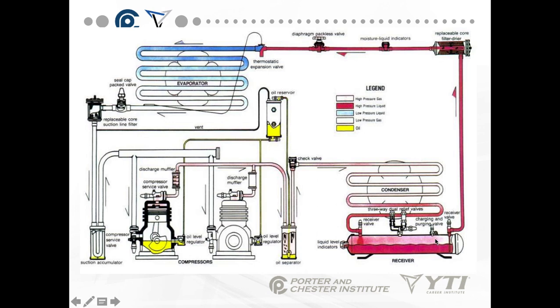Okay, we have a condenser, which is a permanent part, we have a receiver, we have suction line filter dryers, we have moisture indicators, we have different things that might show up in different systems, oil level regulators. So just be aware that just because we have the 4 basic components, you might have more than those 4 in a system.